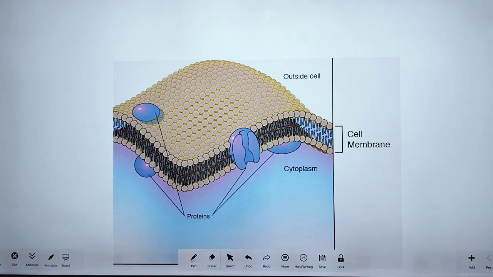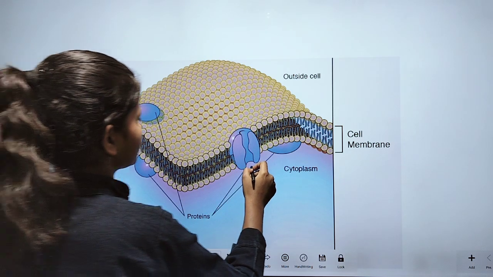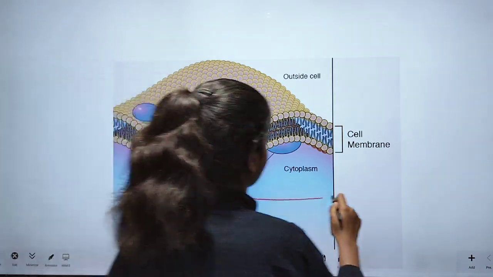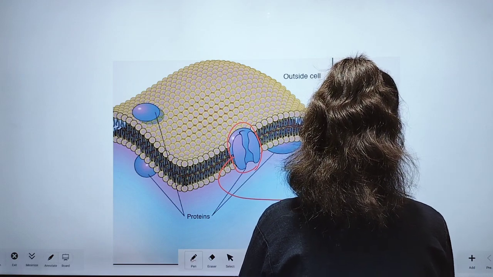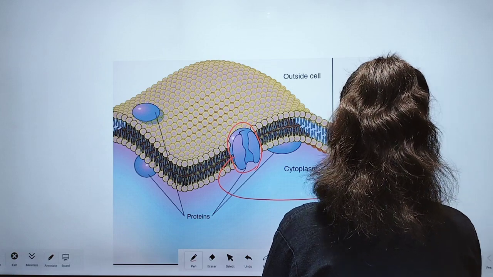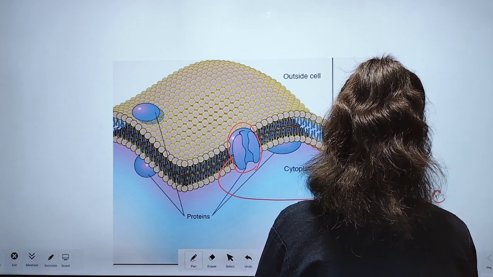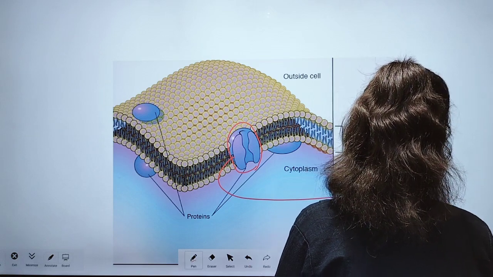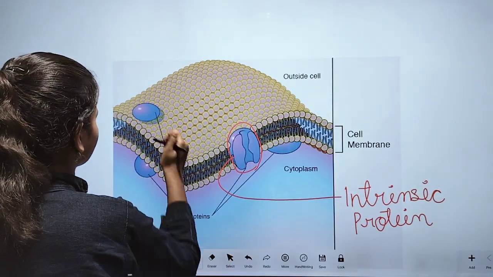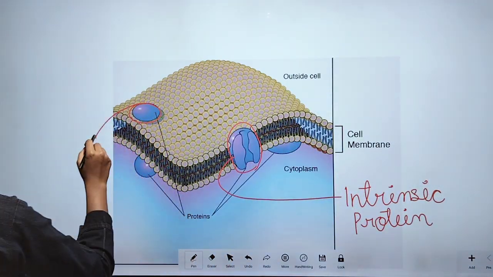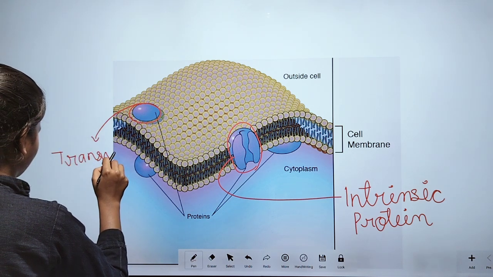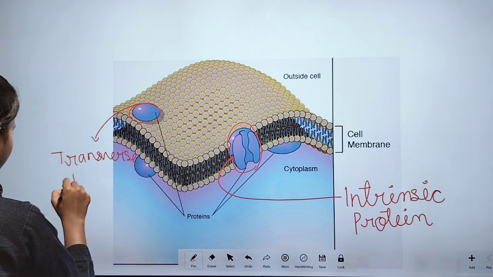This protein is known as intrinsic protein. This protein is known as transverse protein.